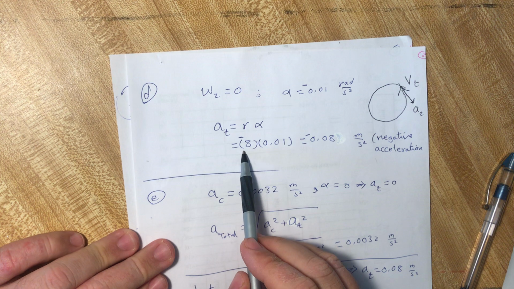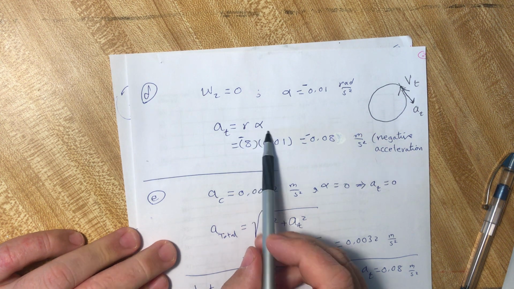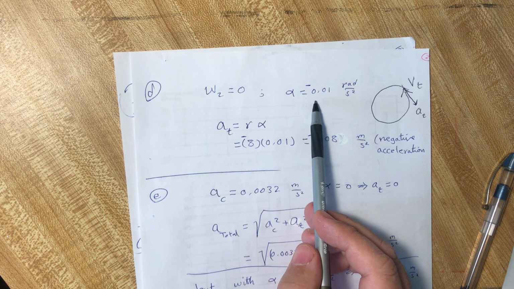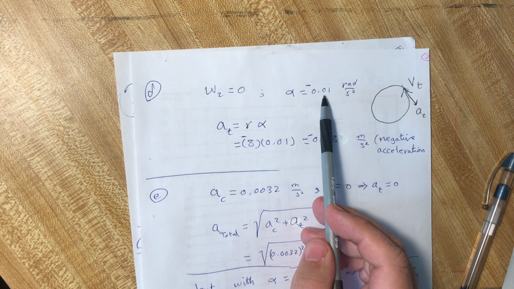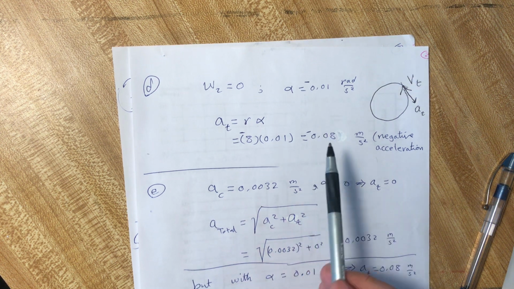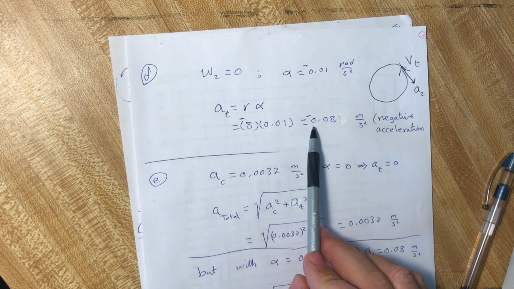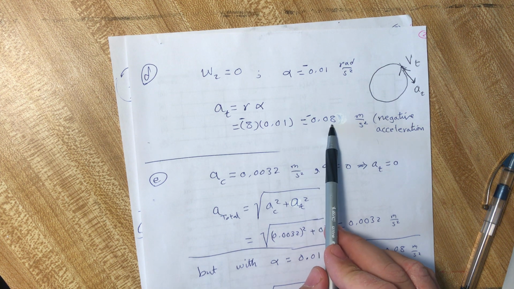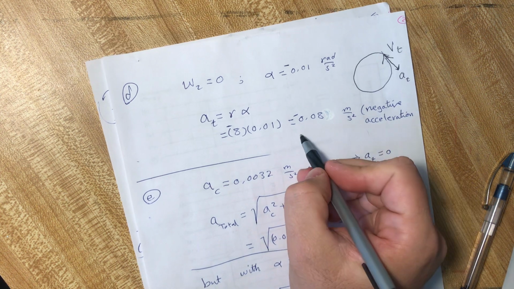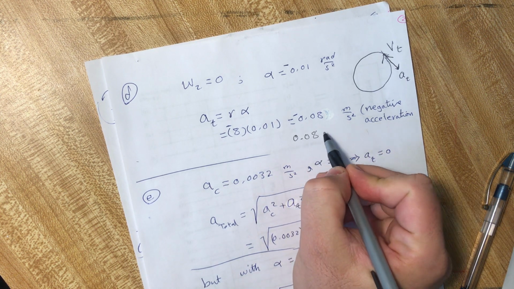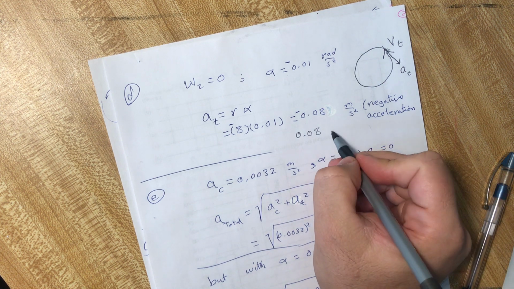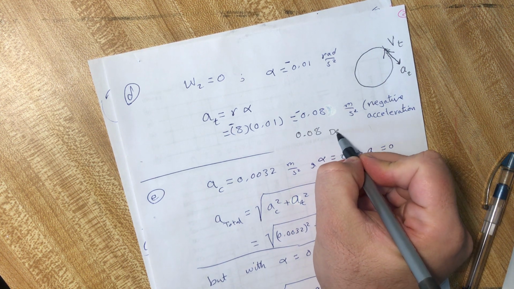So the radius is 8 meters. The angular acceleration is negative 0.01 radians per square second, which is equal to negative 0.08 acceleration, or we can put it as 0.08 as you see in the review solutions, and it is deceleration.